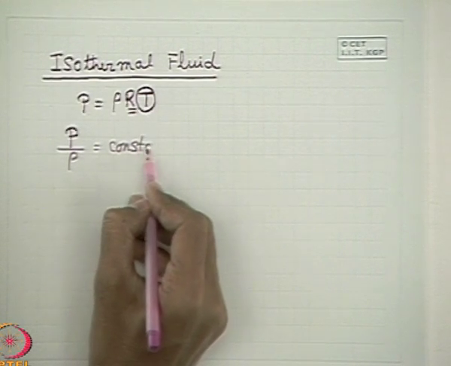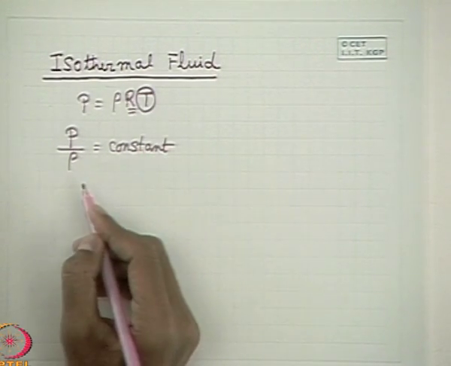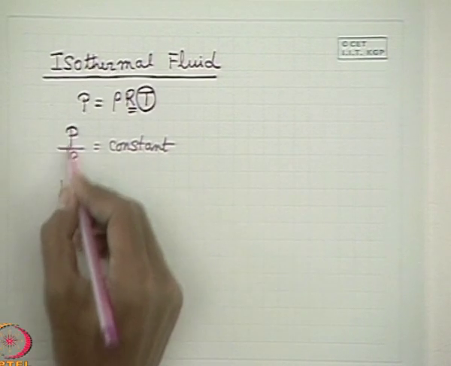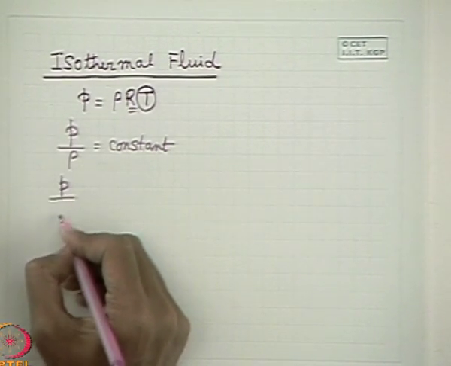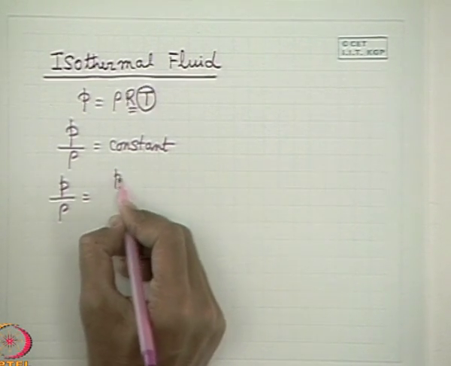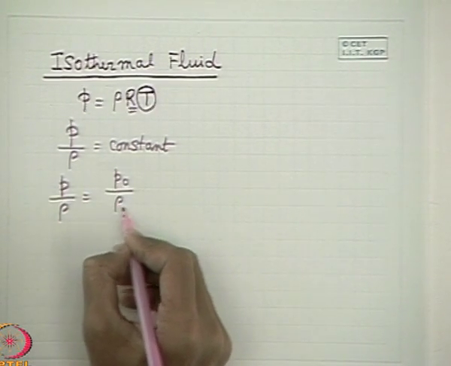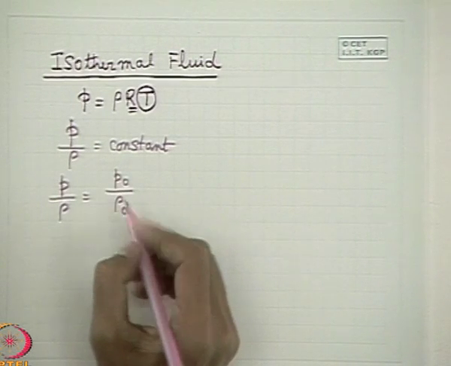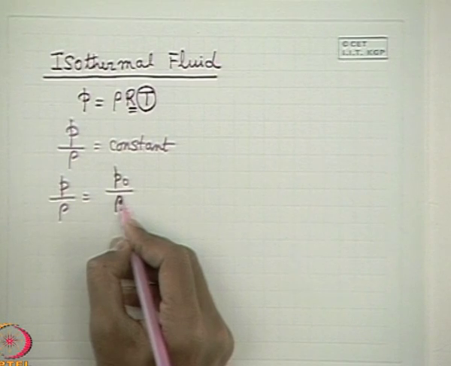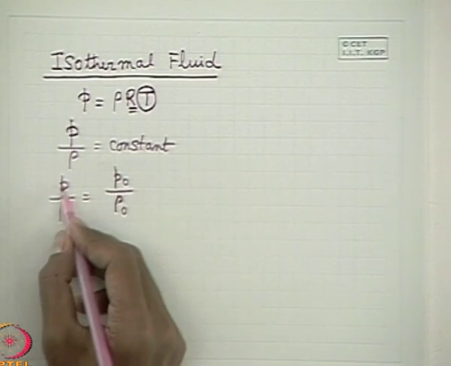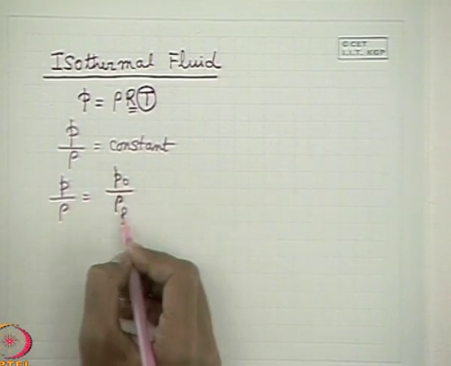Now it becomes simply school level mathematics. We can write P by rho in terms of a reference state, P0 by rho 0, where P0 and rho 0 are the pressure and density at some location which we take as the reference state. Then P by rho, these being the variables, is P0 by rho 0.